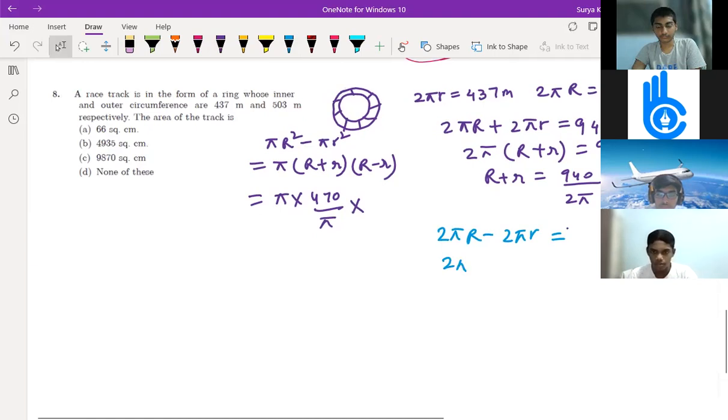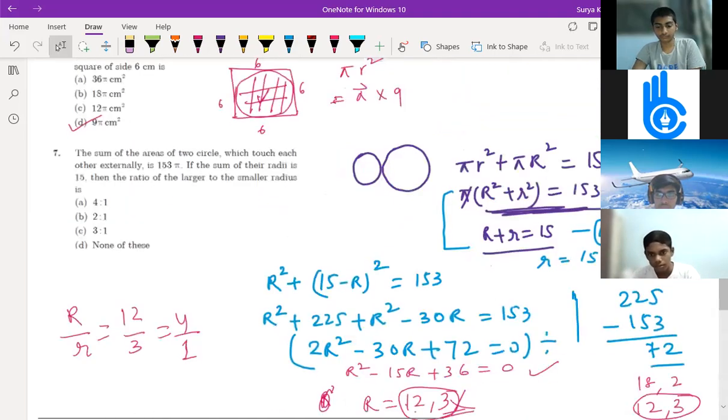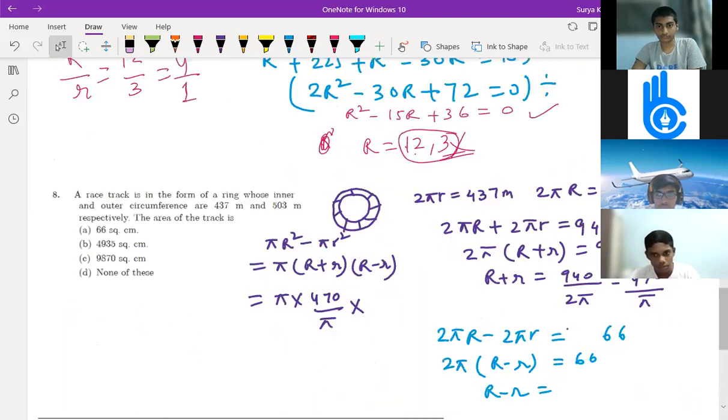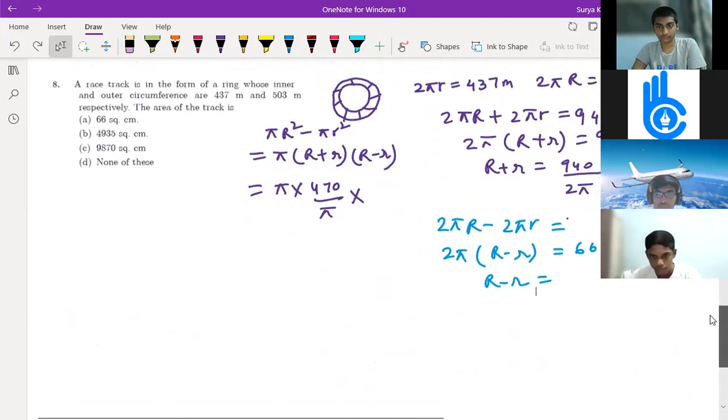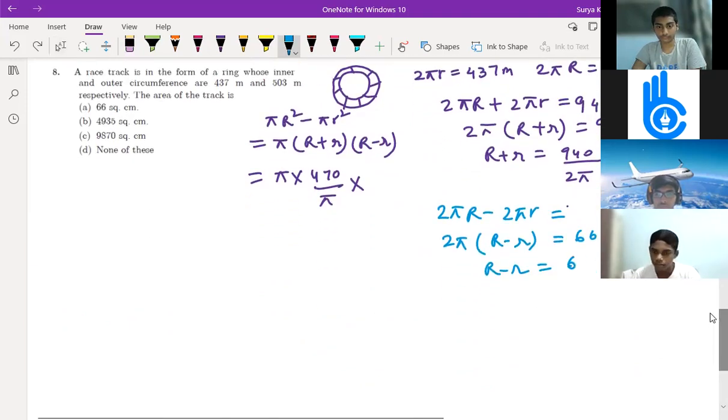So 2 pi common, R minus r is equal to 66 divided by 2 pi.